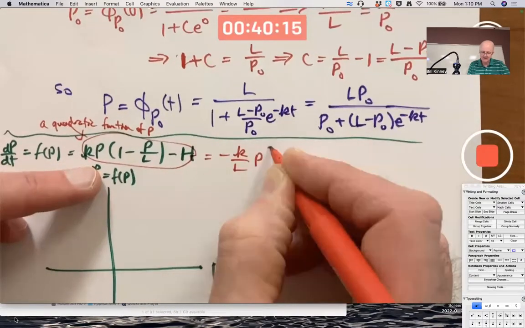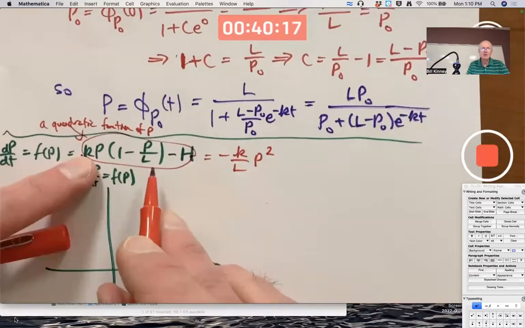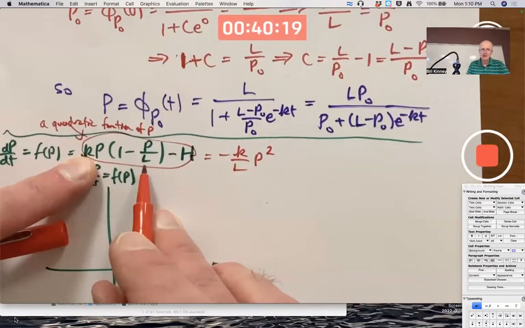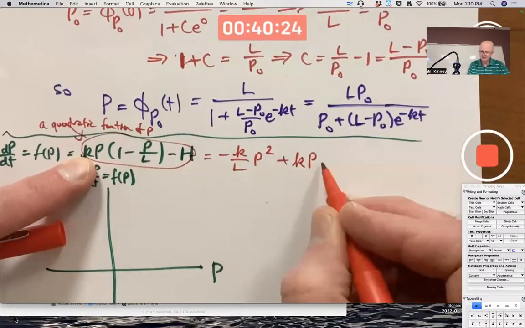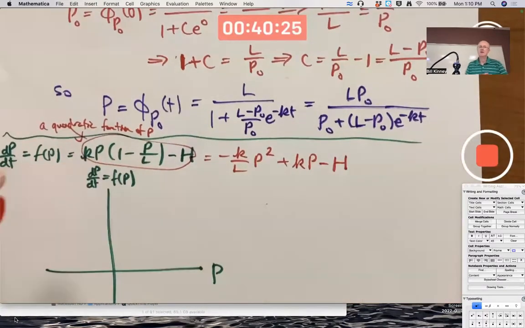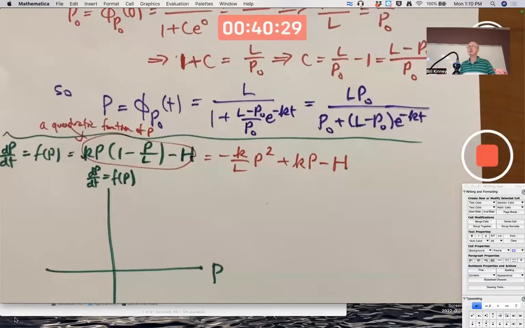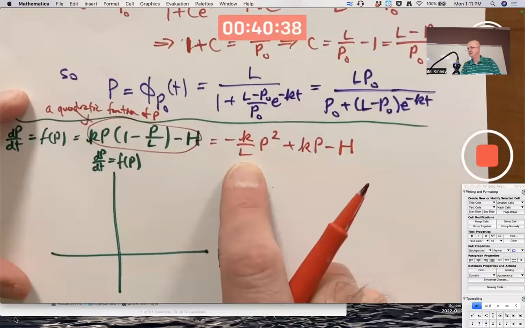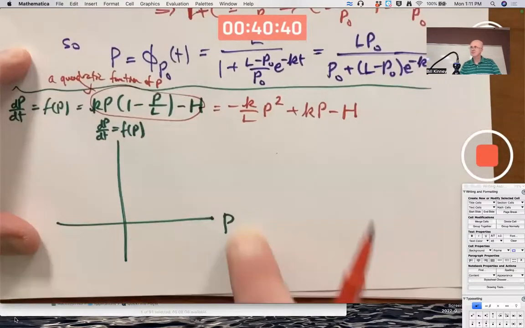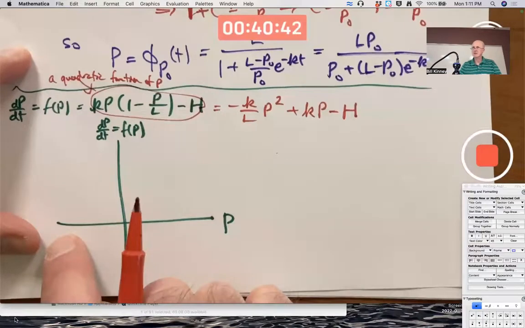Do you see that? And multiply those two. And the p term is going to be plus kp, and the constant term is minus h. The graph of such a thing is going to be an upside down parabola. Make sense? It's quadratic. Upside down because the coefficient of p squared is negative. It's going to look like this. Watch my finger.